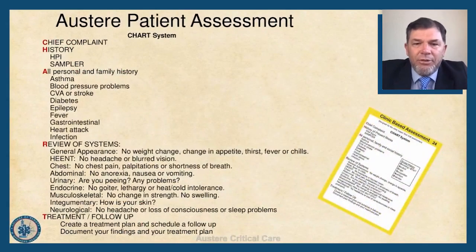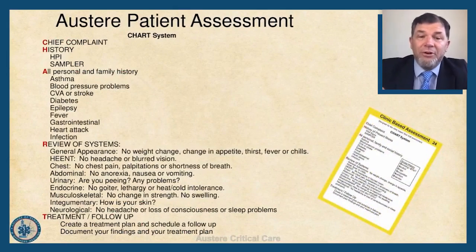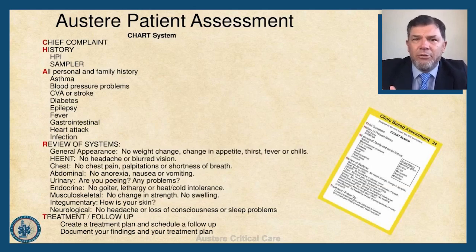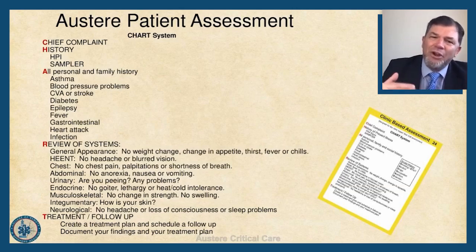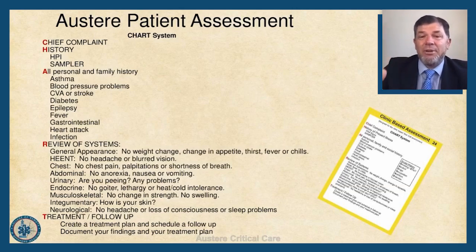This is page 24 of the chart assessment, or the SOAP is very similar to this. I think the Americans use the SOAP, always confused me. So chief complaint, history of present illness or history of present injury. We're looking at SAMPLER. A is all patient history, and this is where you're getting a history from the casualty.